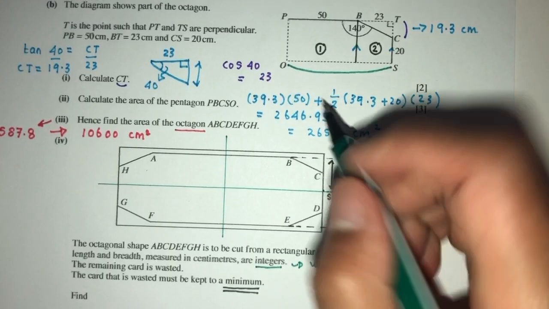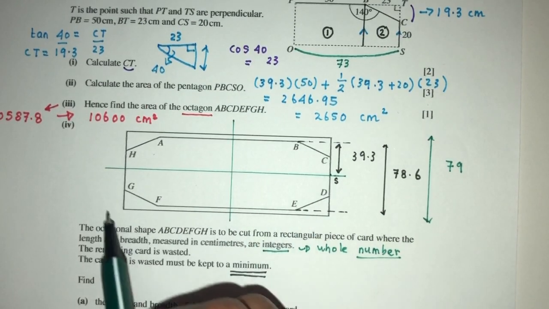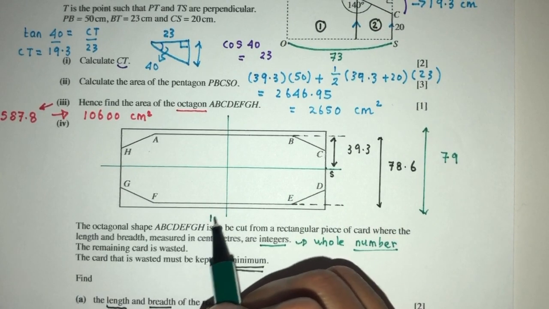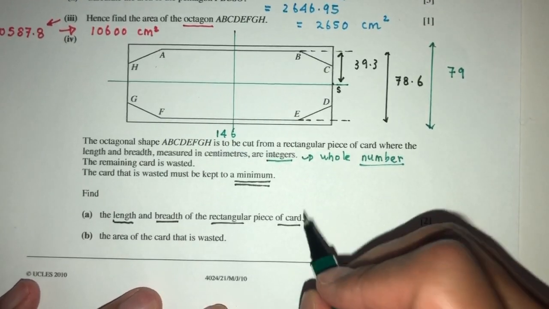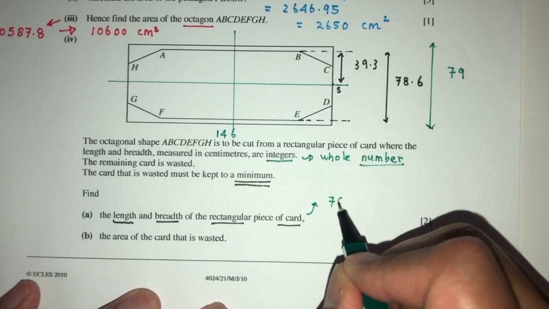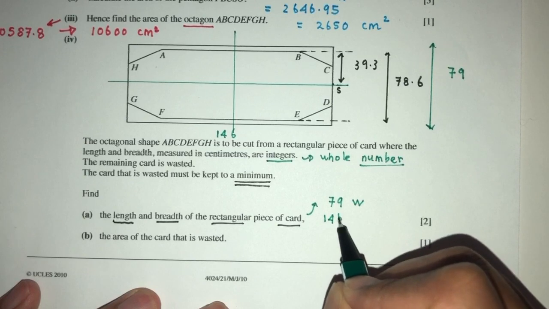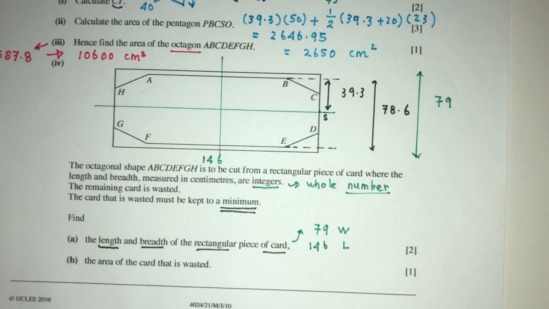So 73 will be this one, which means the whole thing has to be times 2, 146. Now these two don't have any space, so it has to be exactly the value. That will be 79 for the width and 146 for the length. Again, this is simply by construction. Step by step, we observe and measure what we need to find the value.